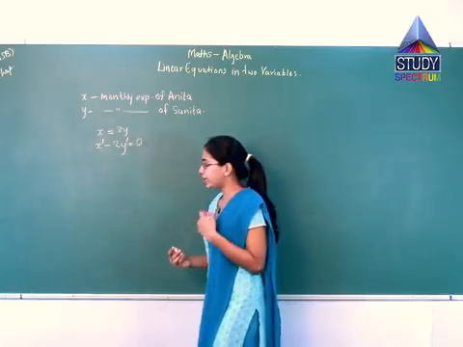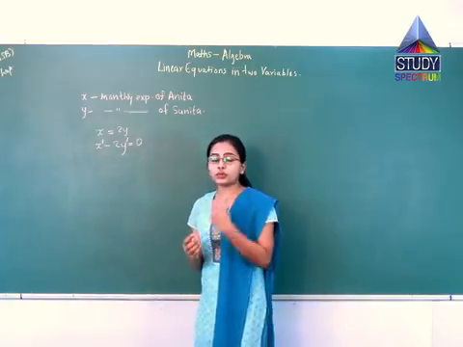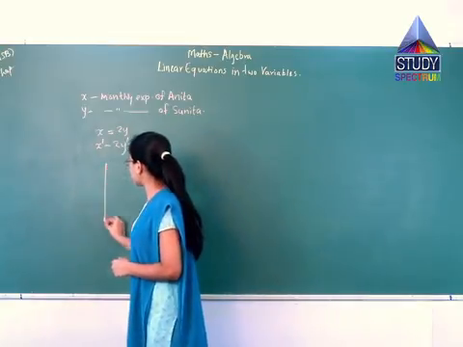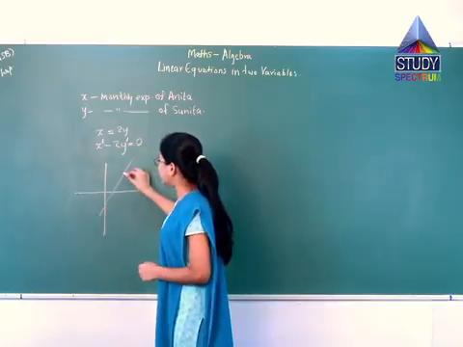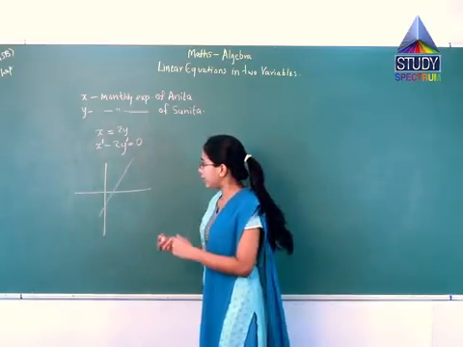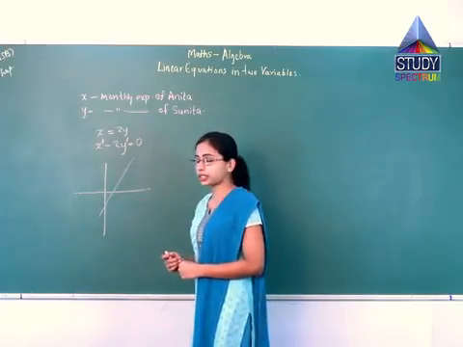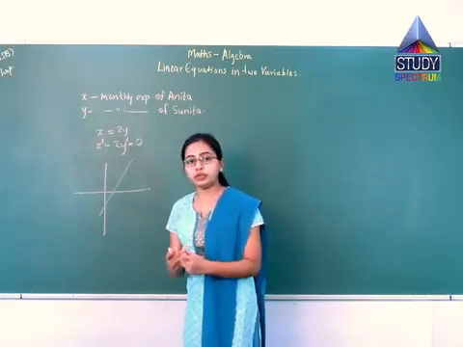You must have studied the graph, so suppose you have one line, then the equation of the line is represented in the form of x and y coordinates. So that's why it is known as a linear equation in two variables.